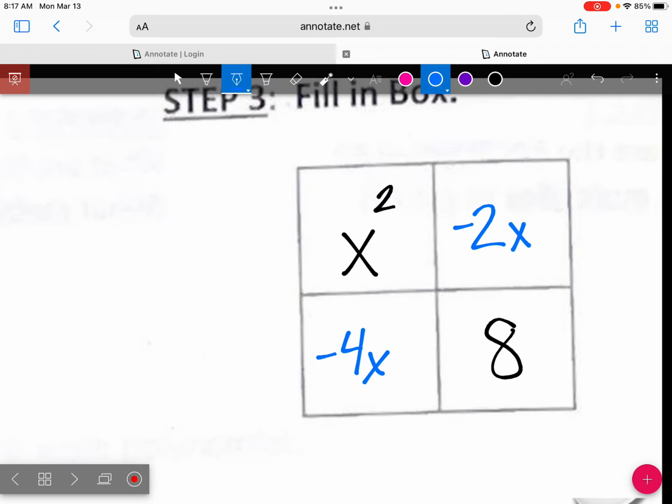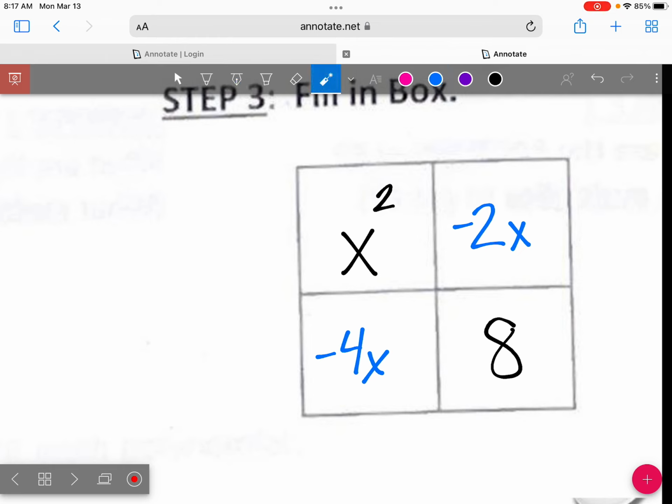From here, we pull our common factors. We're looking for greatest common factors in columns and rows. What is the greatest common factor between x squared and -4x? What is shared between these 2 pieces? Just an x. What is shared between -2x and 8? I can't take a 4 out of 2 without giving myself a fraction. 2.